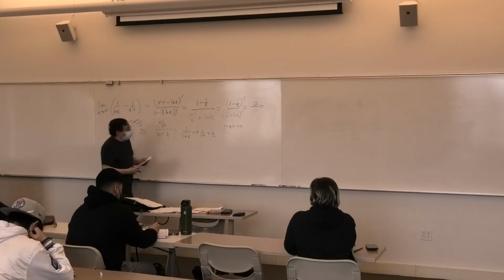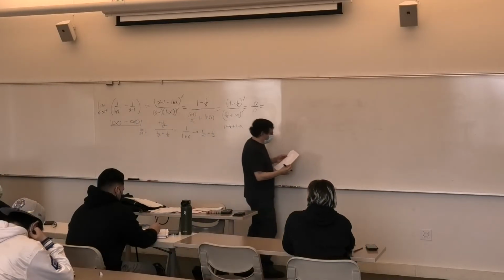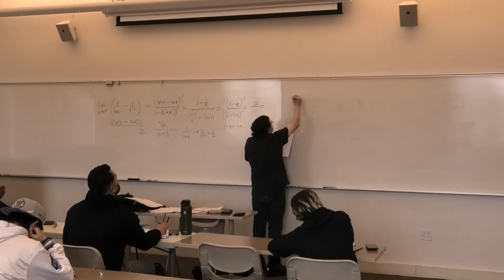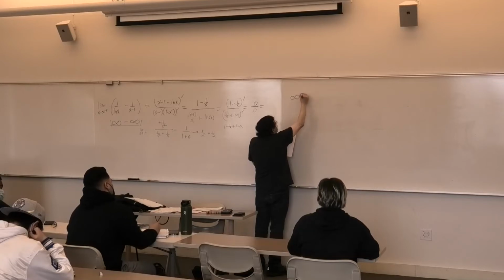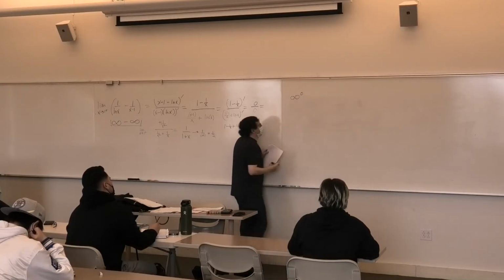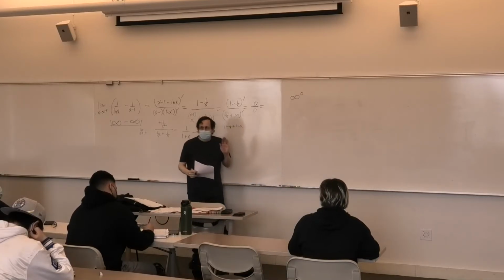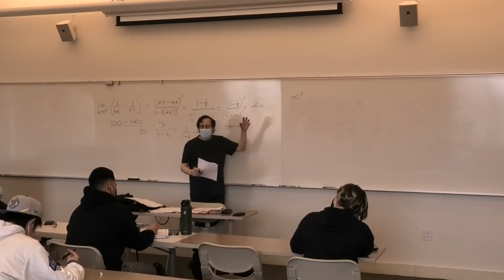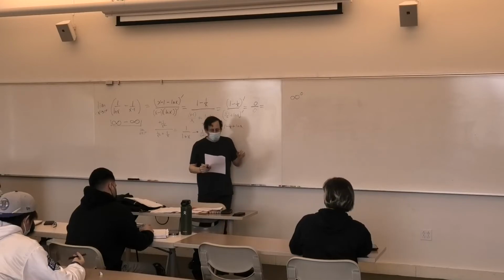Okay, let's look at something that comes out a little differently. This is the indeterminate form, infinity to the zero. The base is growing and the exponent is decreasing, and we don't know what's going to happen.